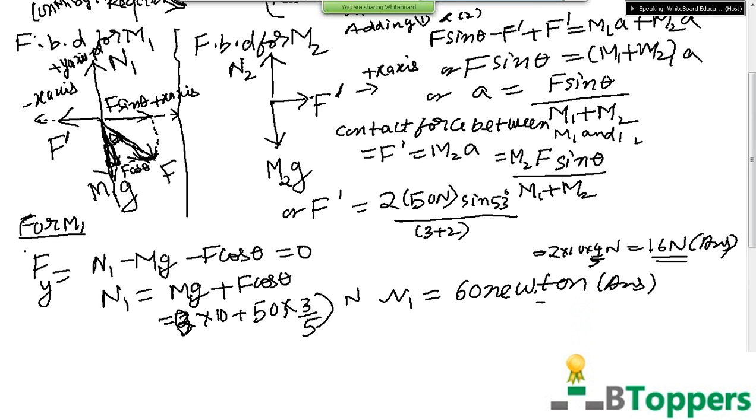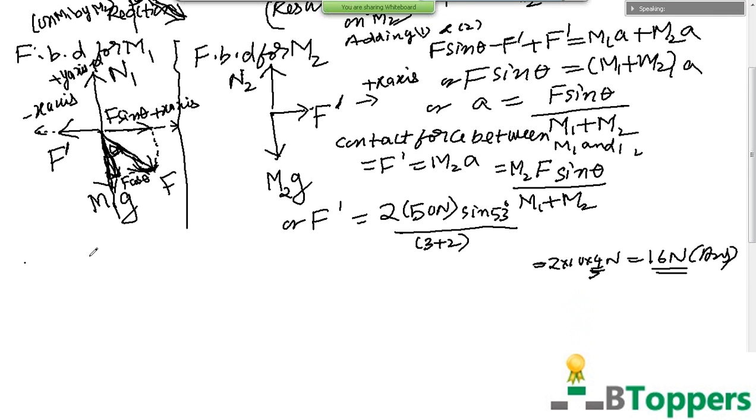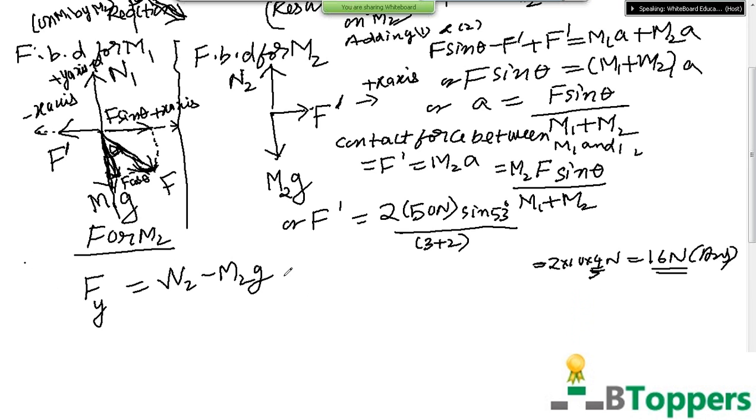Coming to the third part of the question, look at the free body diagram for the mass M2. The y component of the resultant force on M2 is equal to N2 minus M2g. But the mass M2 has no motion in the vertical direction. There is no acceleration in the y direction, so the y component of the resultant force on M2 is 0.